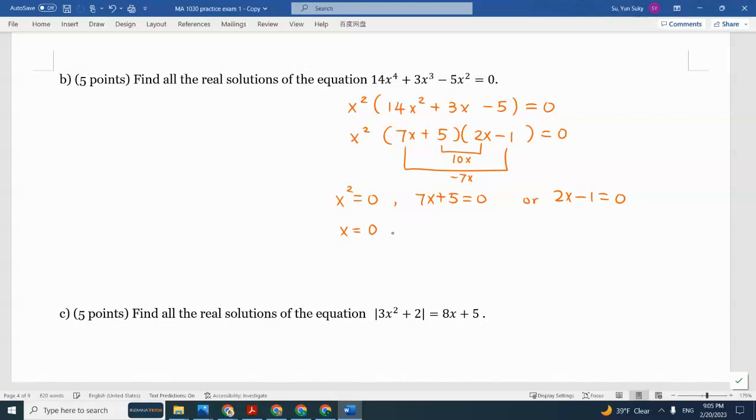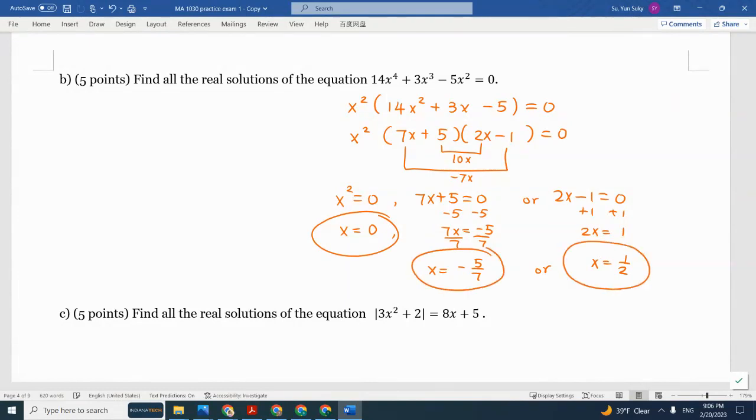You take the square root on both sides, you get x is square root of 0, which is 0. And then here you subtract 5. You get 7x is negative 5. You divide it by 7. You get x is negative 5 over 7. Here you add 1. You get 2x equals 1. So x is 1/2. So we have 3 solutions for this problem.